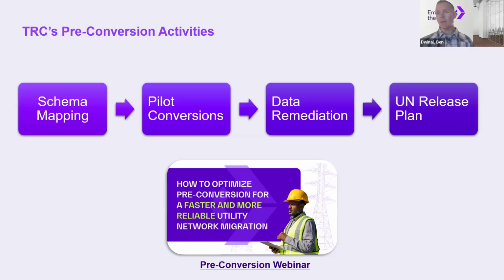When I think about the pre-conversion phase, one activity that often gets overlooked but is extremely important is finalizing your UN release strategy. This will align your UN release with your organizational IT and other system upgrade schedules. It will support defining your release strategy as either cutover, parallel systems, or a phased release. This is a very important decision, as it will affect very key technical and architectural decisions about your data and your solution deployment.